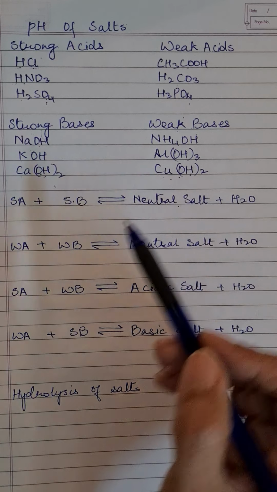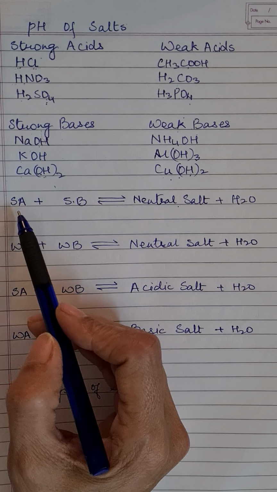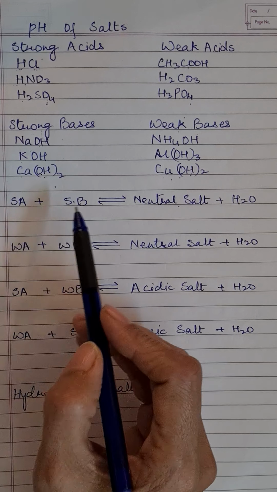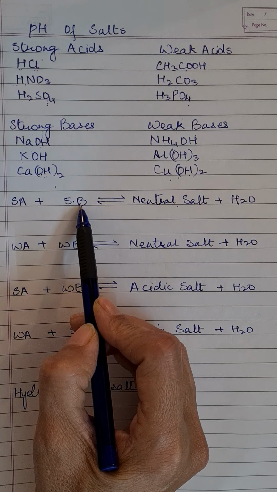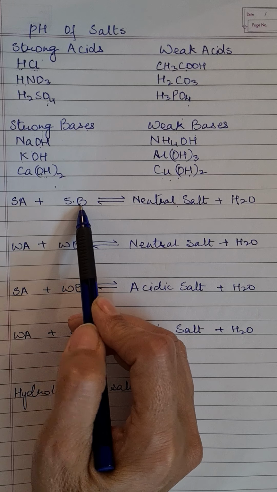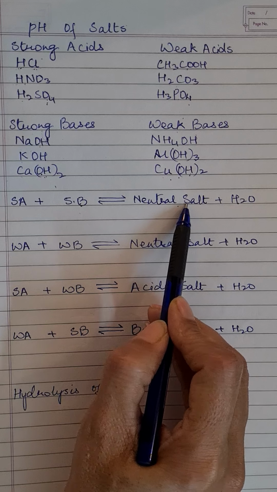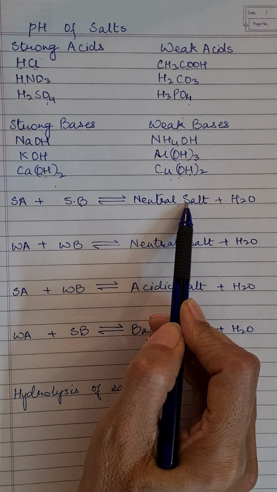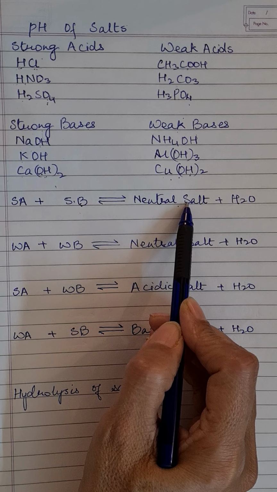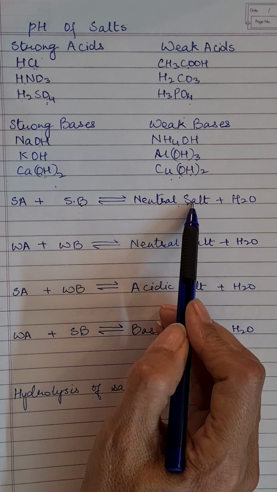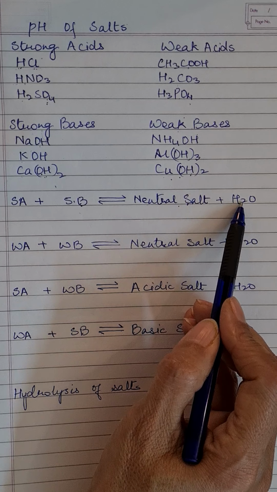Now let's see, when a strong acid reacts with a strong base, what happens? Of course, a salt is going to be formed. The salt which is formed will have a pH of 7. That means it will form a neutral salt and water.